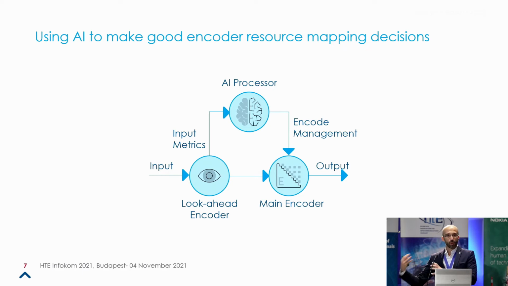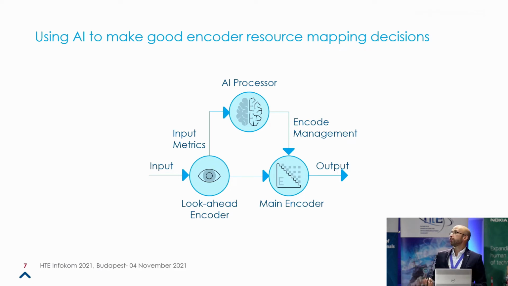After you do that very costly process, you can just take that neural network and implant it in your codec. So it should be much more lightweight. And then in real time, you can, for example, use a look-ahead encoder, which is a very lightweight encoder that runs before the main encoder to help on tasks such as rate control and scene-cut detection.